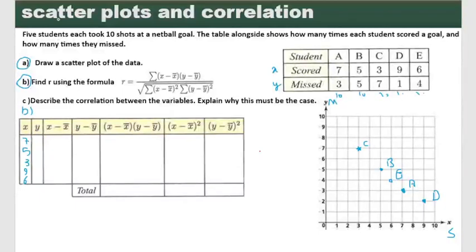For the second column, I put Y, which is missed.